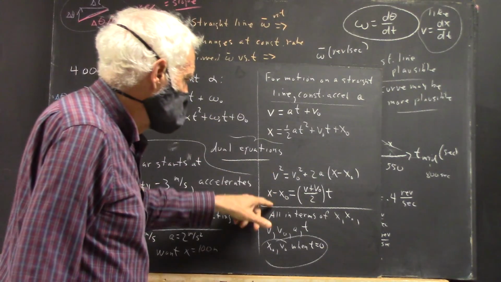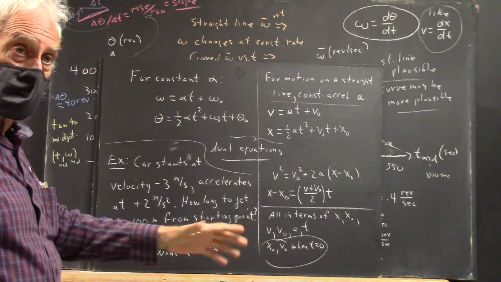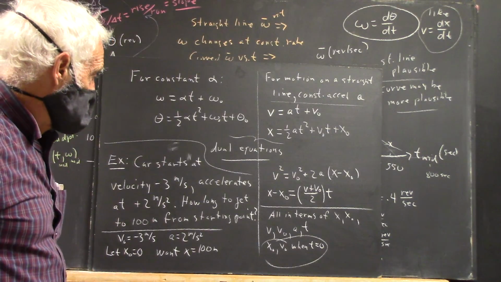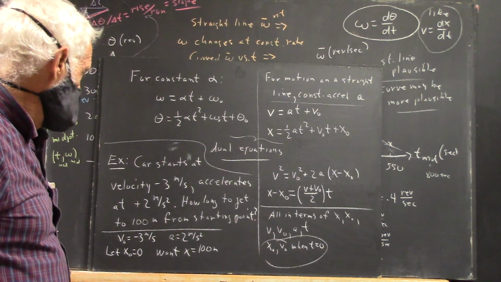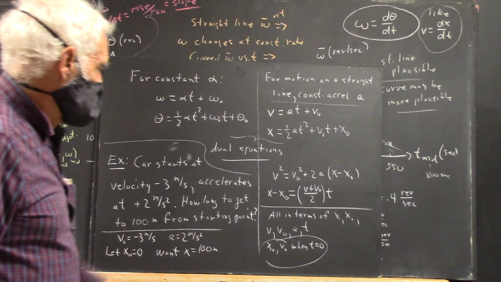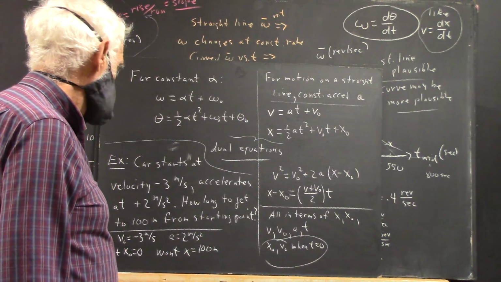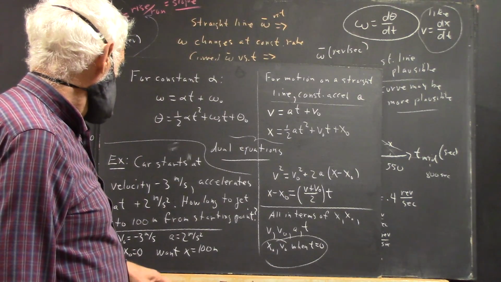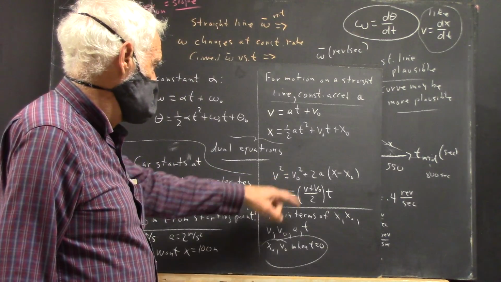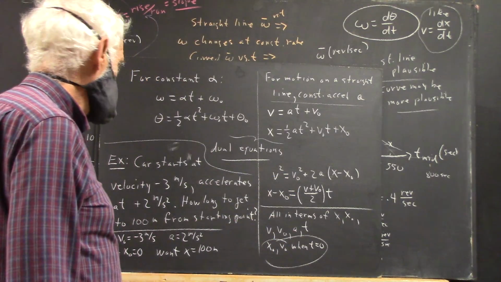Let's look at these 2 equations. I'm not sure those are the 2 you have in your book, but you have 2 equivalent equations. This one has v naught. Well, we know v naught.